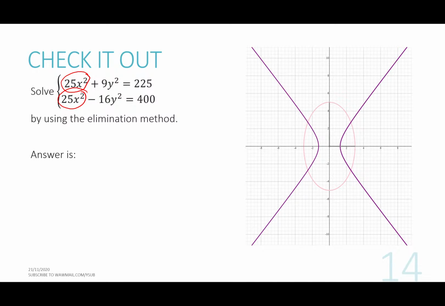If we subtract these two equations, 25x square plus 9y square equals 225, and 25x square minus 16y square equals 400. We do minus, we will remove these two, and 9 minus minus 16 means plus. So if you do 16 plus 9, we will get 25y square, and here we will get 225 minus 400.